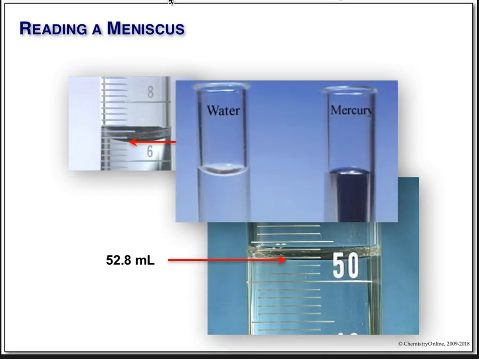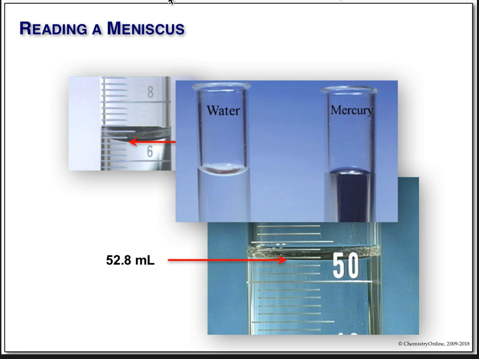Now, water and most polar liquids form what we call a negative meniscus, where the water kind of runs up the side of the glass. The reason for that is the glass itself is polar, silicon oxide, and water is polar. Polar molecules tend to be attracted, so they're kind of sucked up the sides.